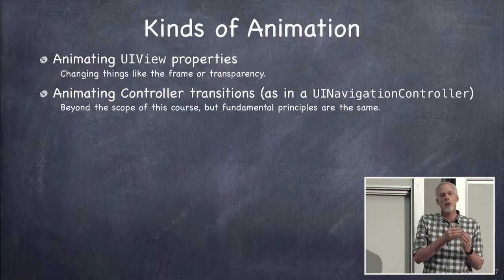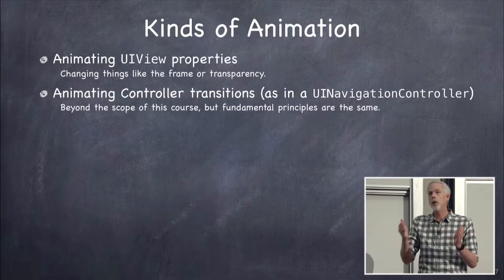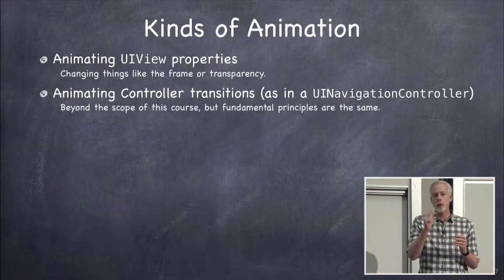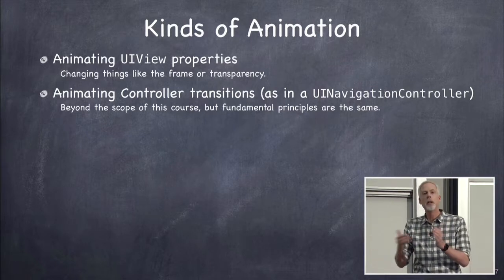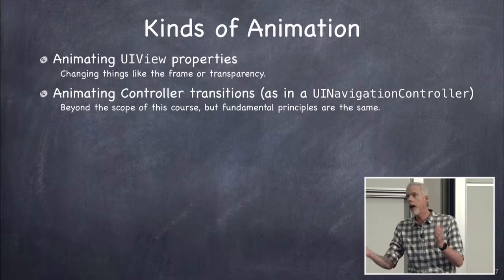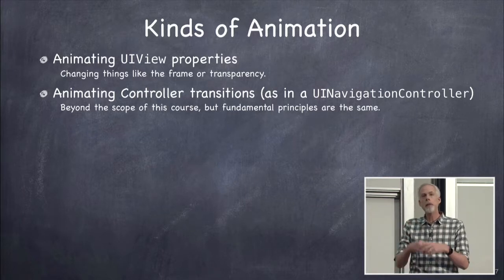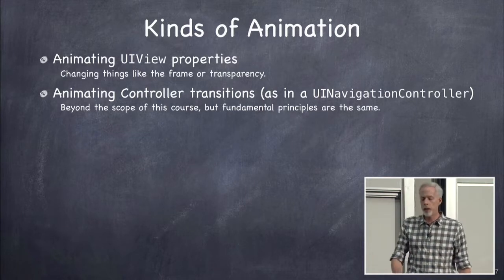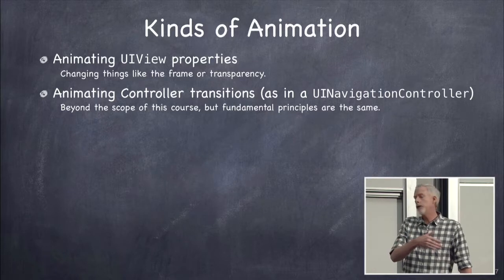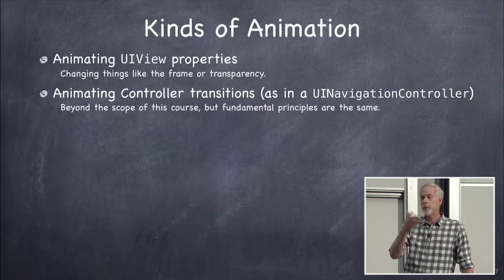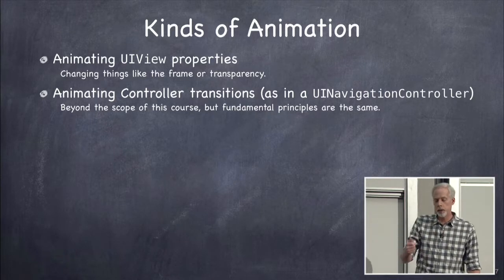You can also animate controller transitions, like in a navigation controller, when you click to go to the next card on the stack, it slides in, right? That's animated. And when you rotate your split view, those are animated transitions. That's all controllable. And in fact, even though I'm not going to talk at all about it in this class, might be a good final project not covered in lecture thing for you, by the way.